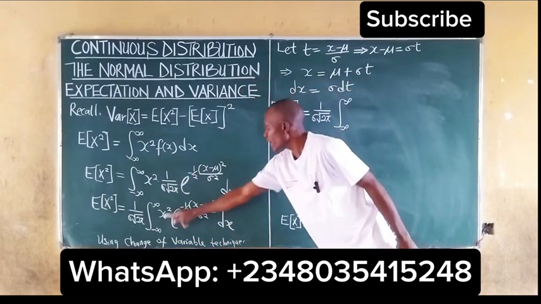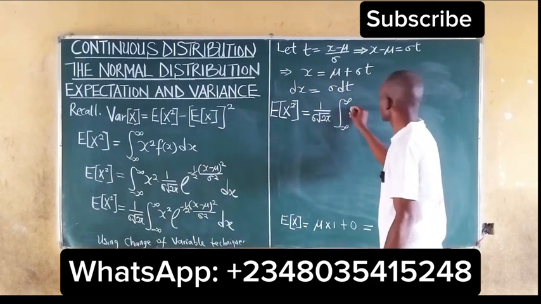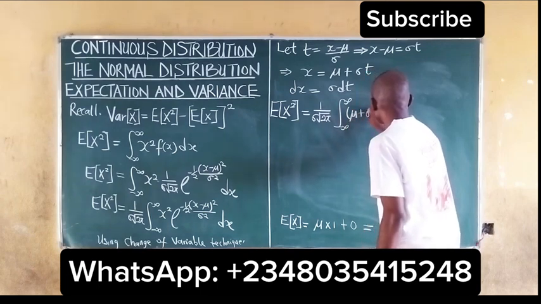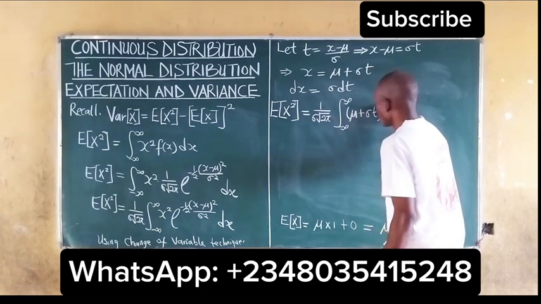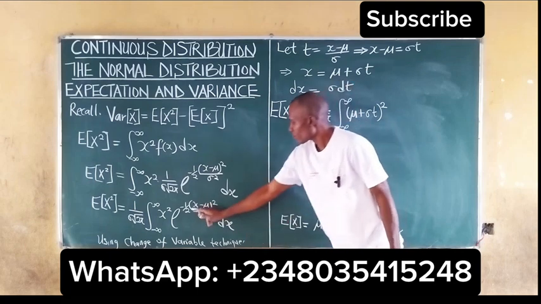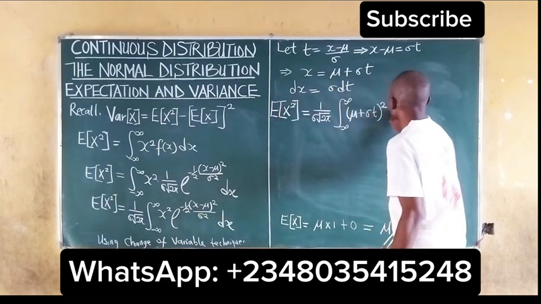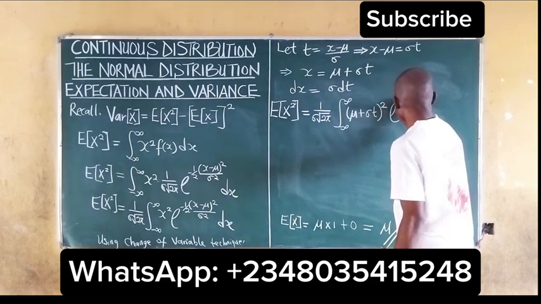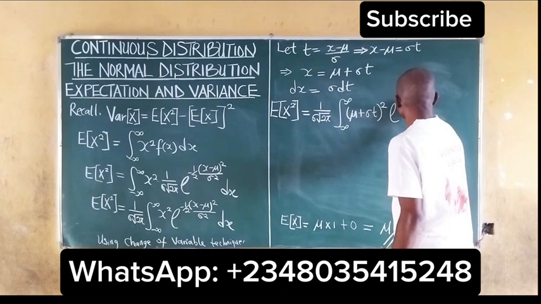Now we have our x to be the whole of this, so we write mu plus sigma t, squared because of this square here, multiplied by the exponential of negative 1 all over 2 t squared.